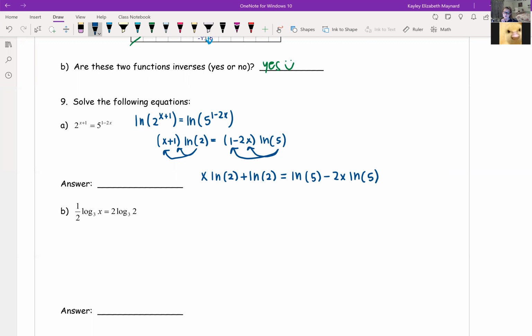And the reason that I do this is so that I can group my x terms together, because I am trying to solve for x. So any of the terms that we see an x in, so like this one or this one, I'm going to group these together. So I get x times ln of 2, and then I move my 2x ln of 5 over. And that's equal to ln of 5 minus ln of 2.